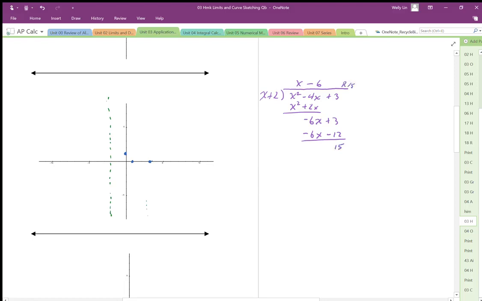The remainder does tell us something about this. If it's positive, positive remainders go across this diagonal, negative remainders go across those diagonals. But that's not necessary because we have these coordinates anyways.